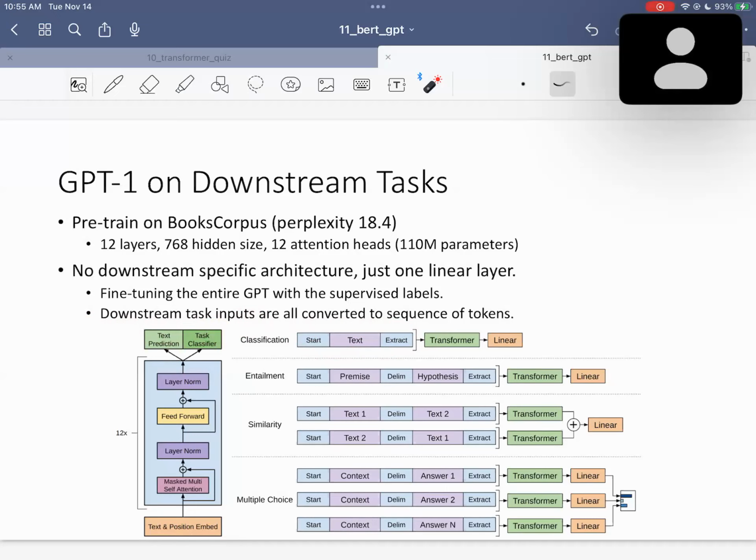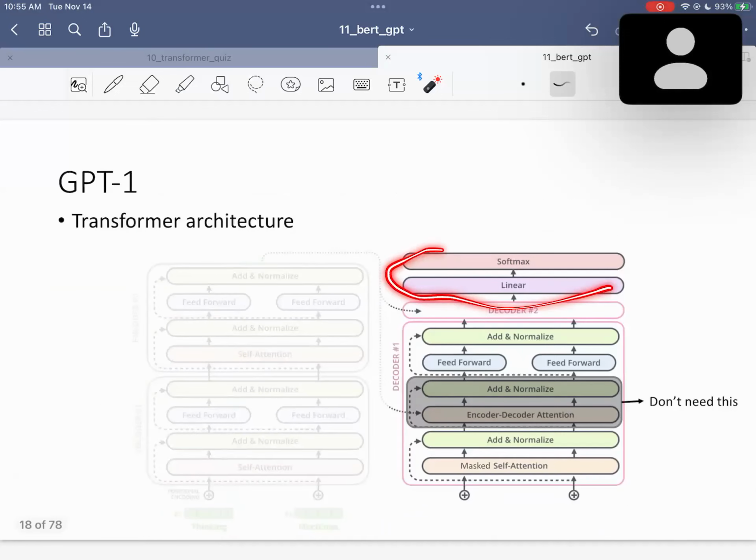So that's what usually happens. And note that in this phase, you're not predicting the next word with the transformer, so this is no longer needed. This linear and softmax is all thrown away, just like in ELMo, the softmax layer was thrown away.